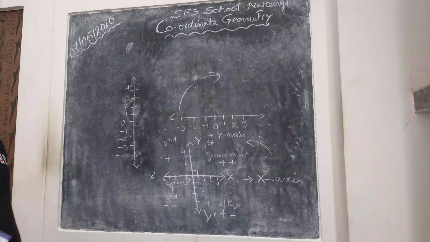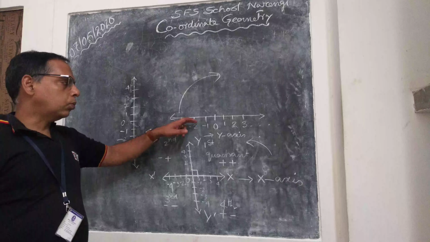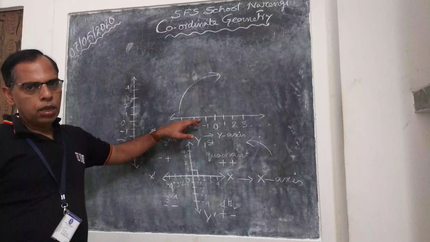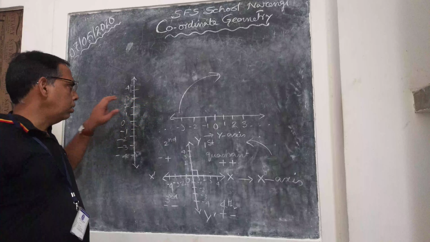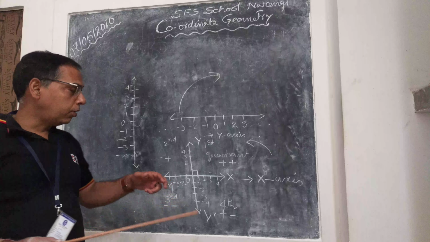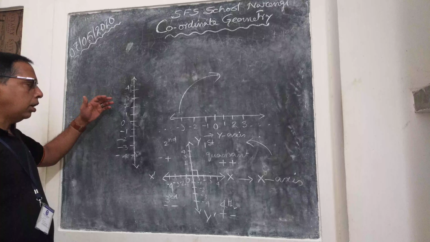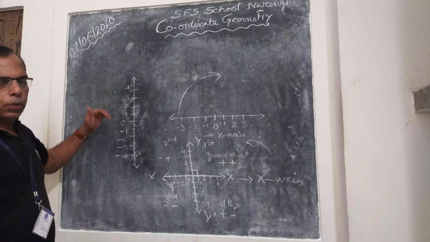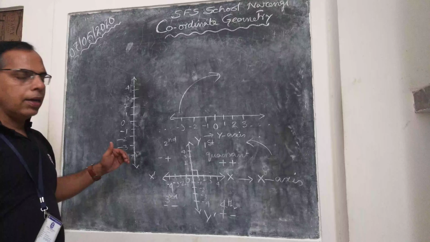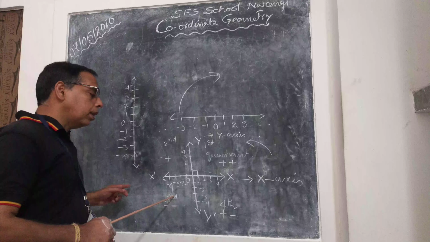Once again, we started today with a number line, a horizontal number line and a vertical number line. I asked which side of the vertical number line would be positive and which negative. Then I asked what would happen if we combine them together.